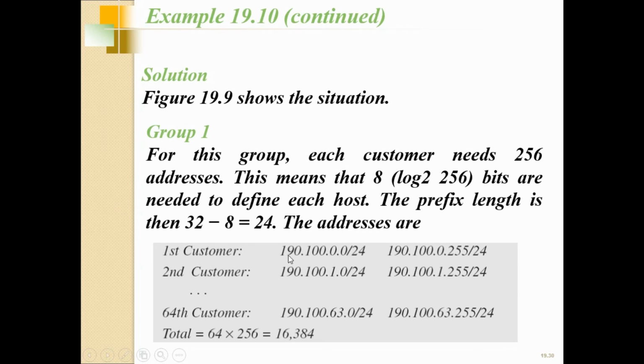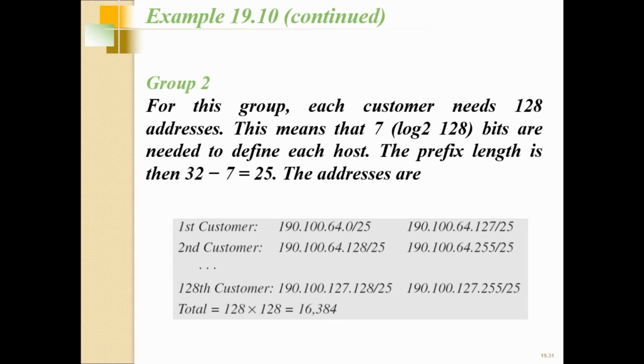The first customer has the addresses 190.100.0.0 to 190.100.0.255. Similarly, the second customer has 190.100.1.0, and the last address for this customer is 190.100.1.255, the prefix length being 24. So for 64 customers, the total number of addresses will be 16,384.